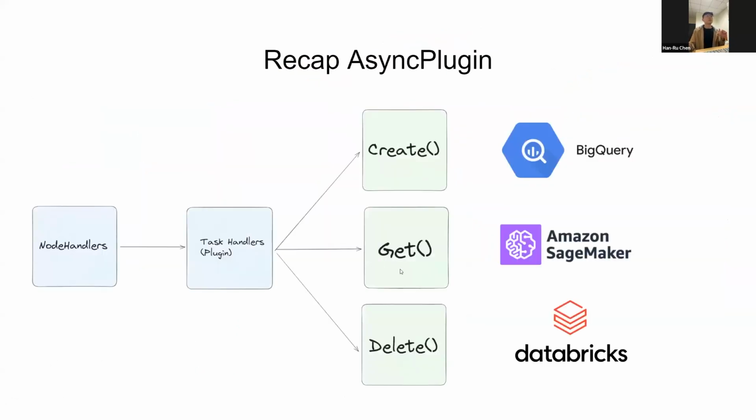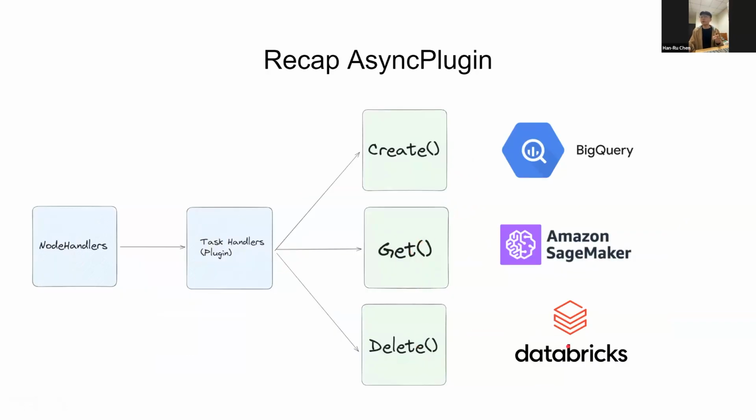Okay, so let me recap the asynchronous plugin. Before this pull request, before the synchronous plugin was implemented, we had only asynchronous plugins in Flyte. Asynchronous plugins are for tasks that run long, for example, running a query job. The asynchronous plugin interface has three functions: create, get, and delete.